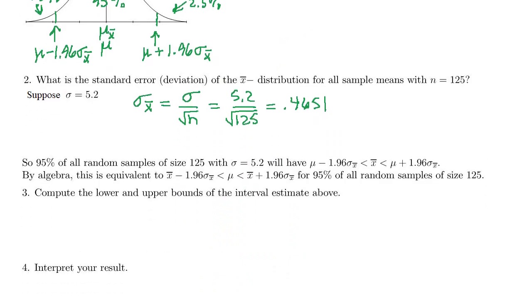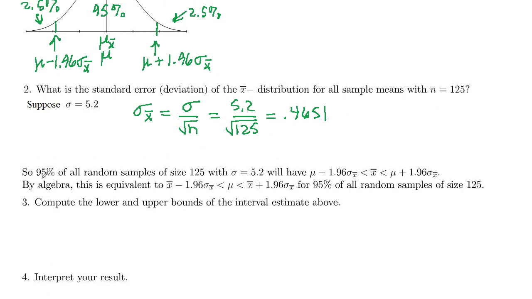And then what we know is that for 95% of random samples of size 125 with this standard deviation of the population being 5.2, that x-bar value is going to be between the mean minus 1.96 standard deviations and the mean plus 1.96 standard deviations. So for 95% of the sample mean values, those x-bar values are going to fall in here.